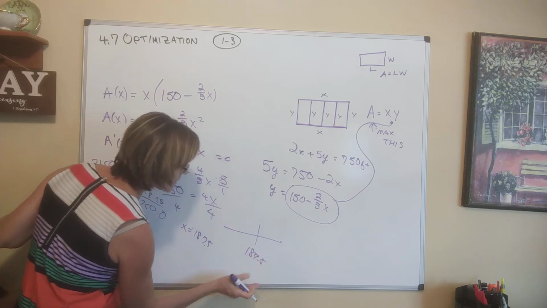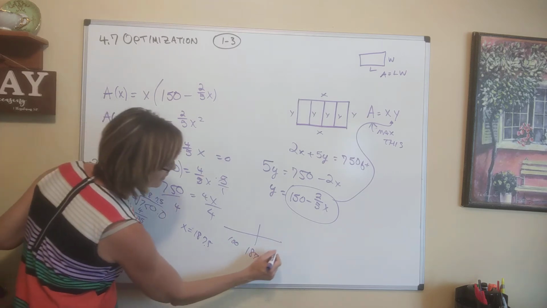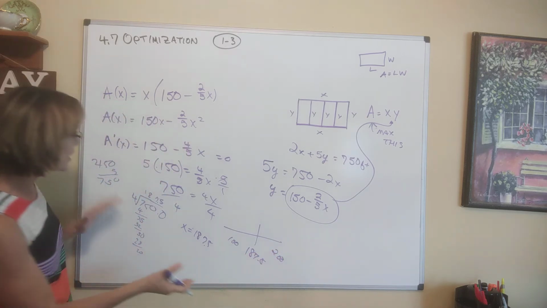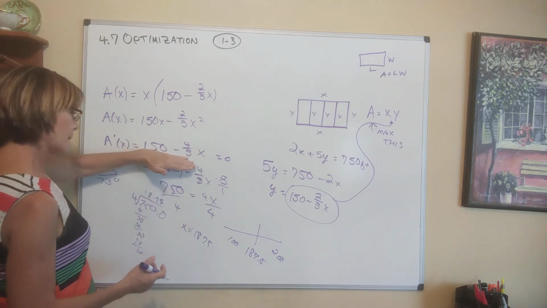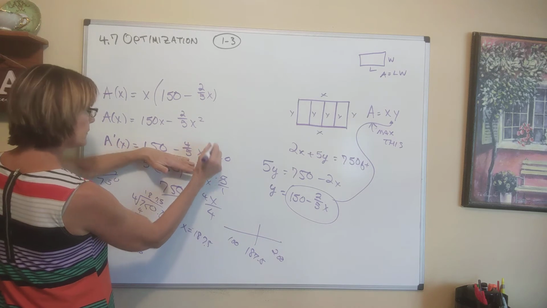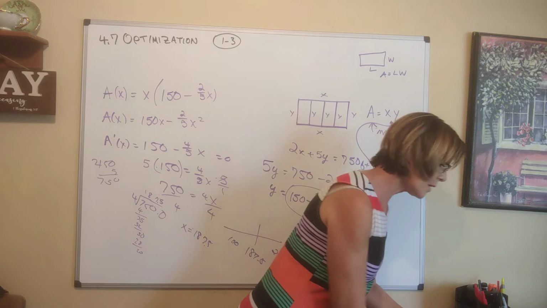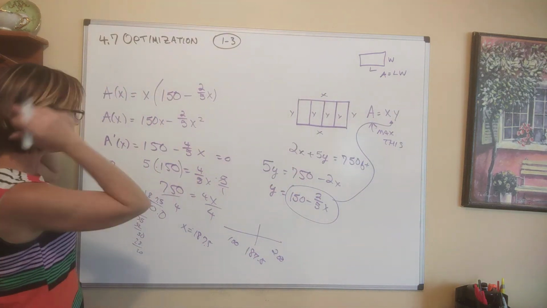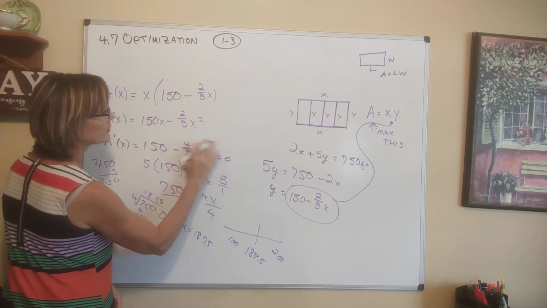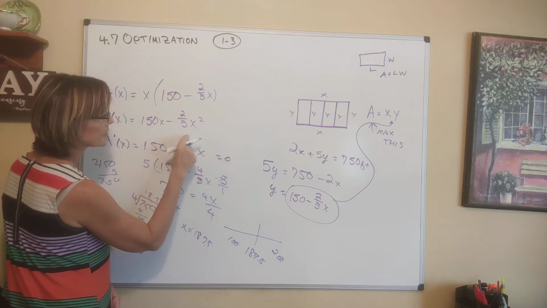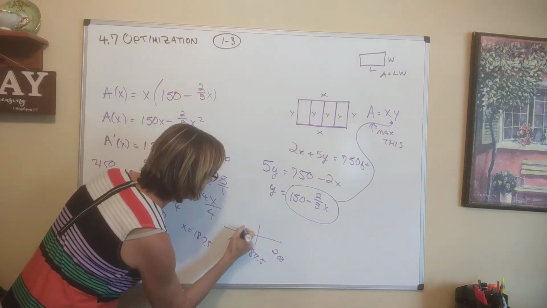187.5. Let's pick something lower than that. I'll pick 100. Let's pick something higher than that. Let's pick 200. Let's plug that into this equation. 100 goes in for X, and let's see if we get a positive or negative out. That's all we're testing. So if I stick 100 in for X, 5 goes into 100 20 times. 4 times 20 is 80. 150 minus 80 gives me a positive.